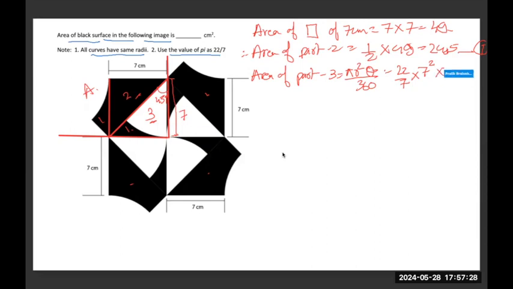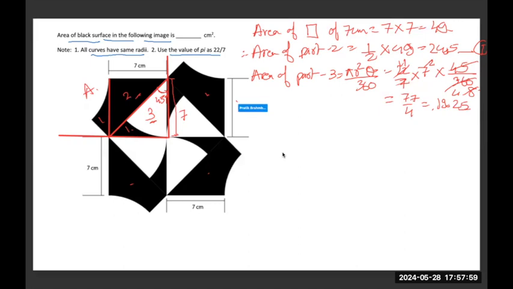Multiply by theta, which is 45, because the diagonal bisects the 90 degrees. So 45 upon 360. The 7s will go away. So it will come to 77/4. When you resolve this, it will come to about 19.25. Now I've got the area of part 3.